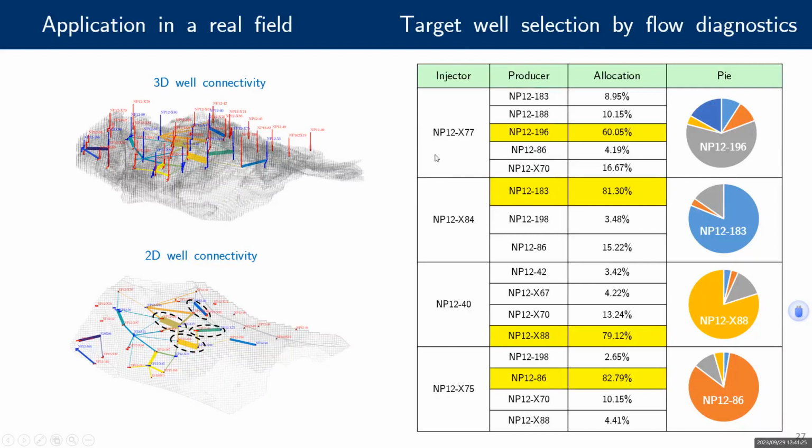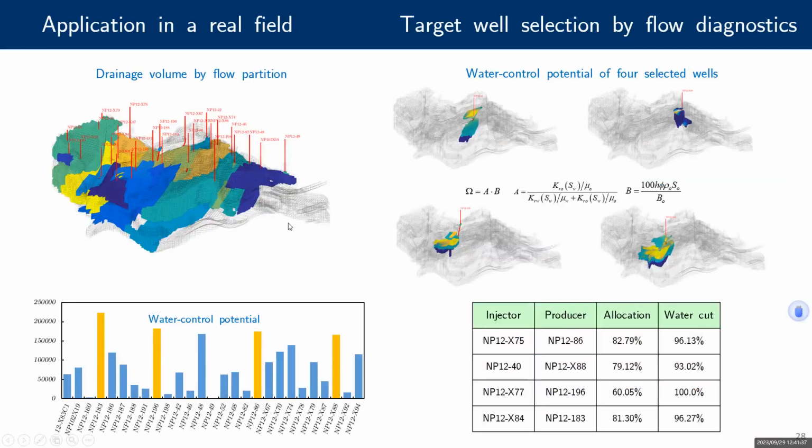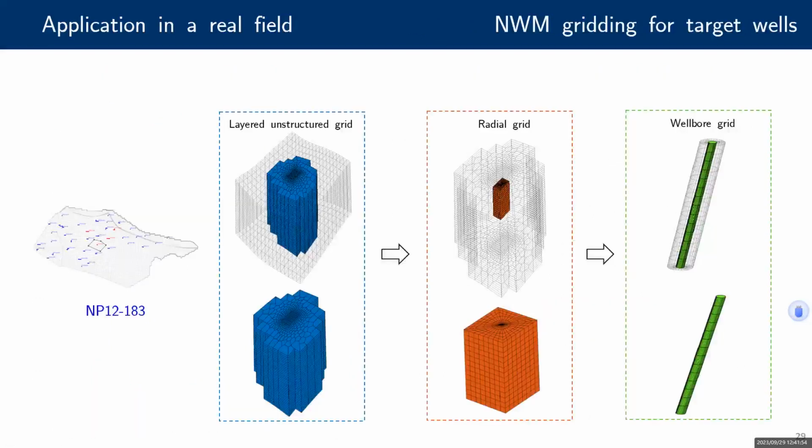For each well group, there is a producer with very high allocation factors with the injector. So we select this kind of well to be the candidate for water shutoff. Then we calculate the drainage volume of the flow partition, and we calculate the water control potential for the 4 selected wells. Combined with the water cut, finally we decide these 4 wells will be the candidates for water shutoff.